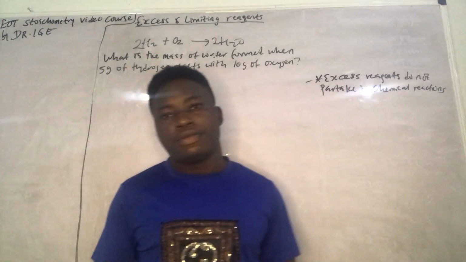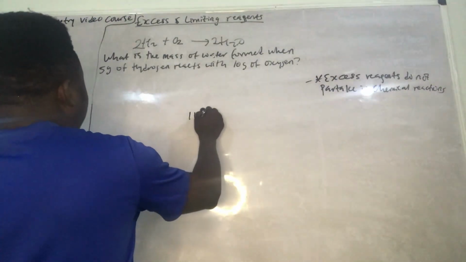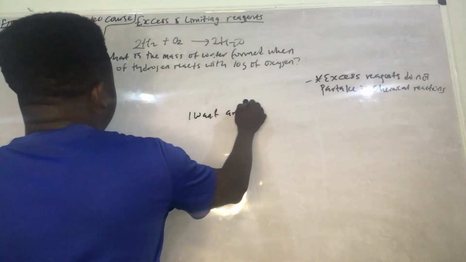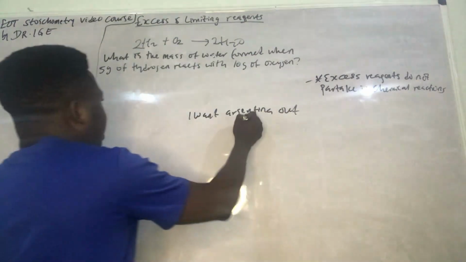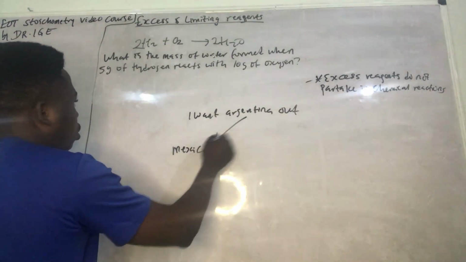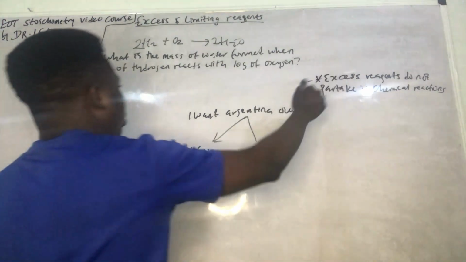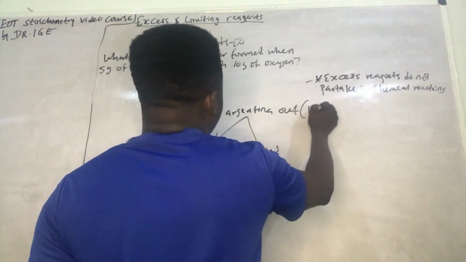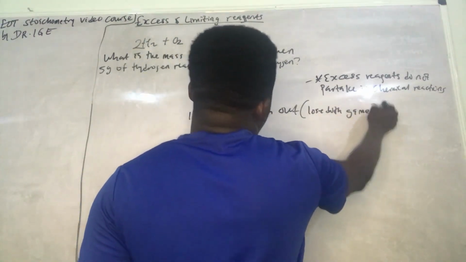Now, look at it. Let's say I want Argentina out. I want Argentina out of the tournament. But Argentina has to play both Mexico and Poland, and for Argentina to be out, Argentina has to lose both games. I don't know if you get the logic.